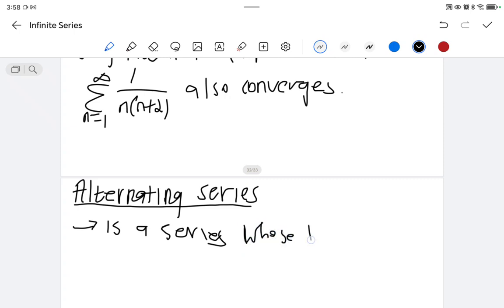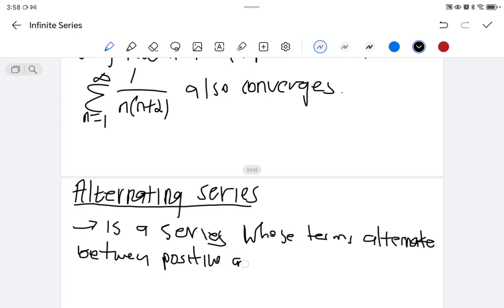whose terms alternate between positive and negative values or reals, right?